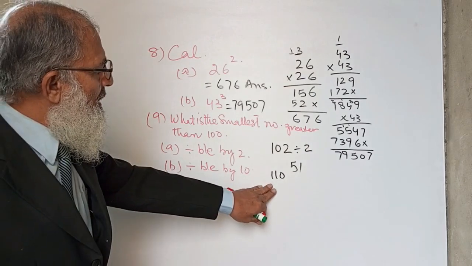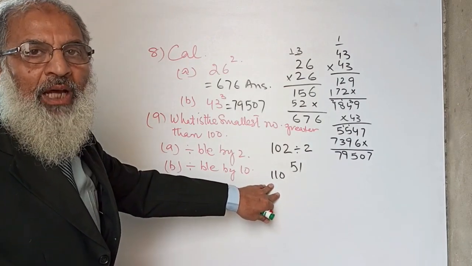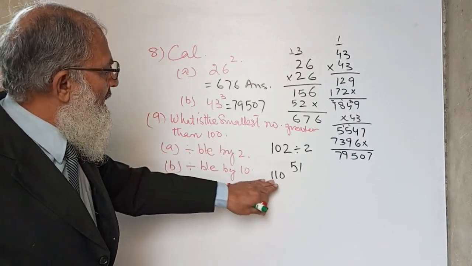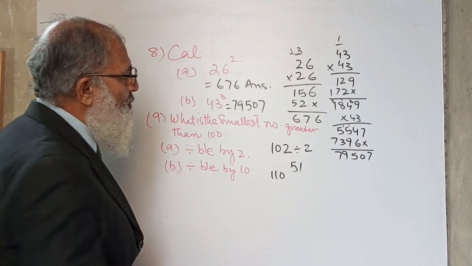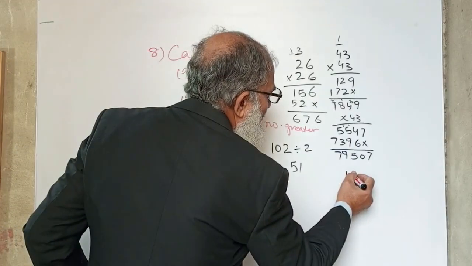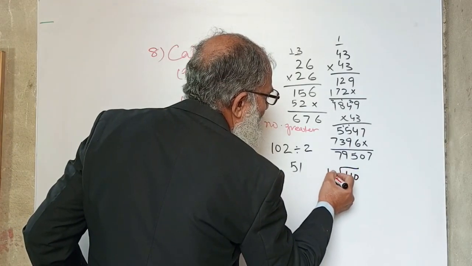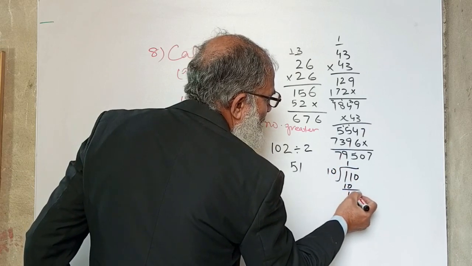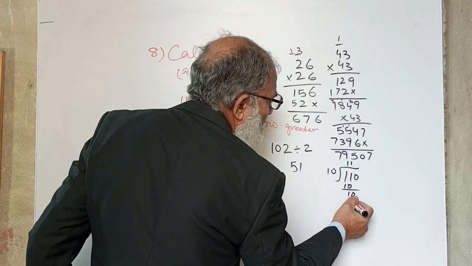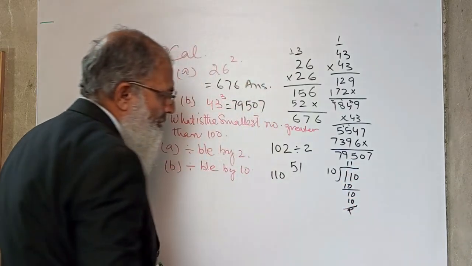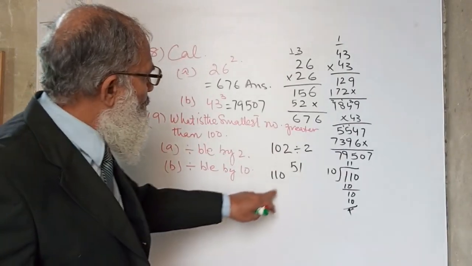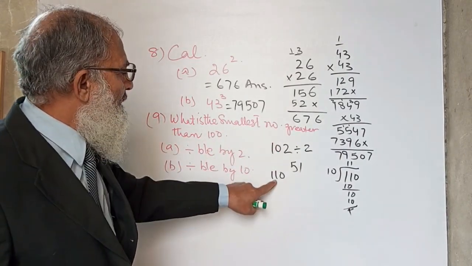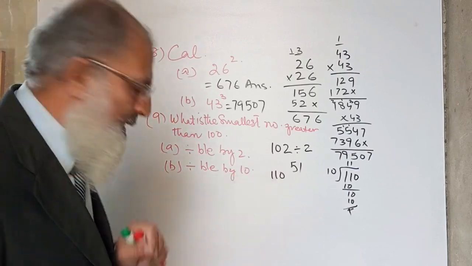This number is the smallest number after 100 which is divisible by 10. You can divide it by 10 and you see that 11 times 10 is 110 with no remainder. So 110 is the smallest number greater than 100 which is divisible by 10.